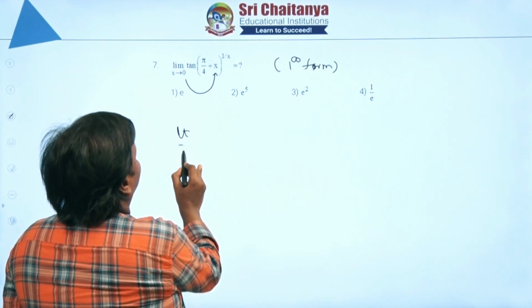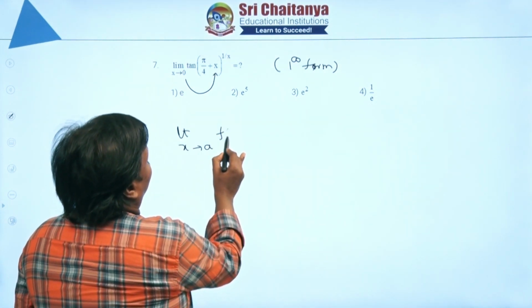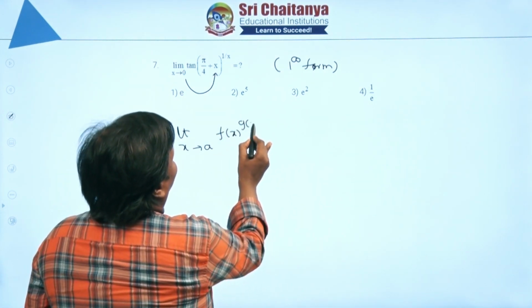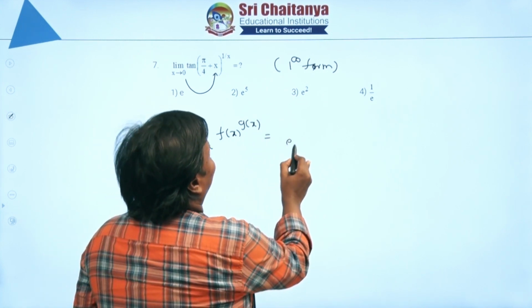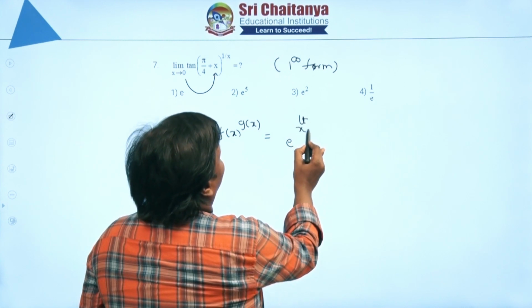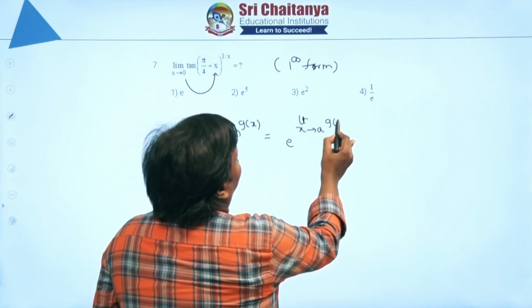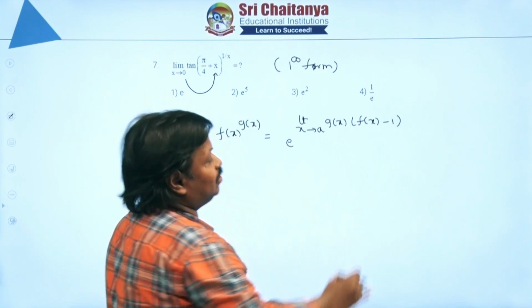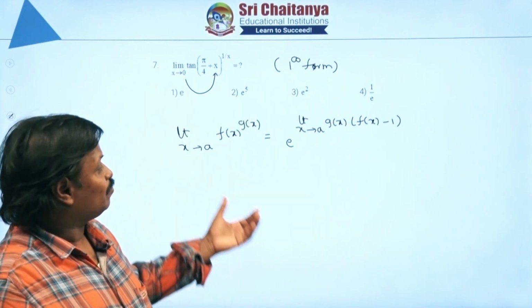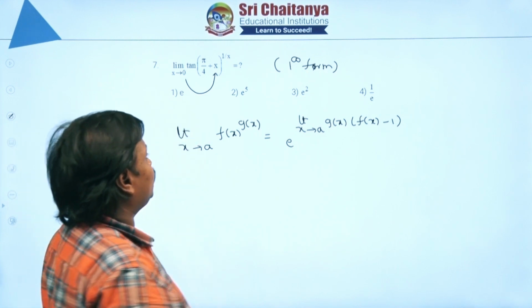If limit x tends to a, f of x power g of x is in 1 power infinity form, it can be written as e power limit x tends to a, g of x into f of x minus 1. So using this formula, we are solving this problem.